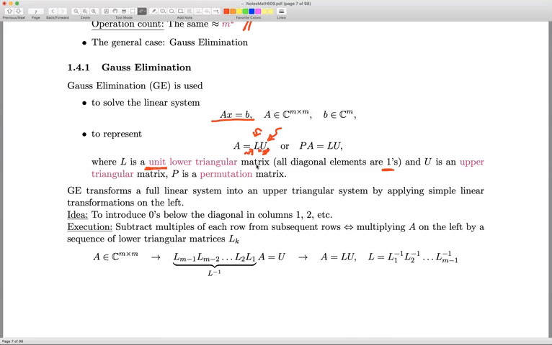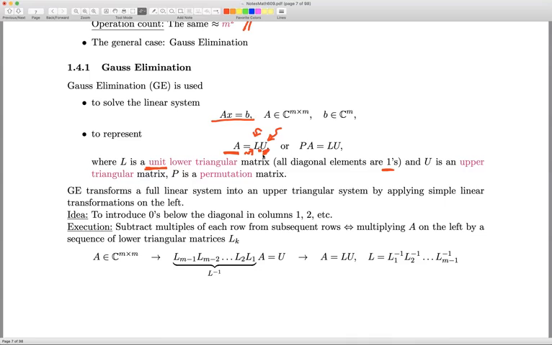So the bottom line is that we are going to use the Gauss elimination to write down the LU factorization of the matrix A. That means writing A as a product of a unit lower triangular matrix and an upper triangular matrix, but we will see that not every matrix A can be written in this form.